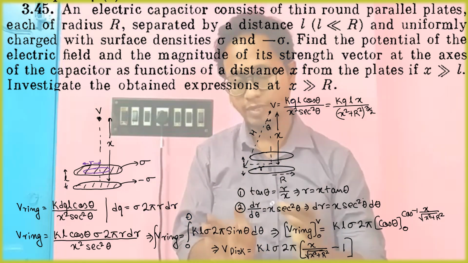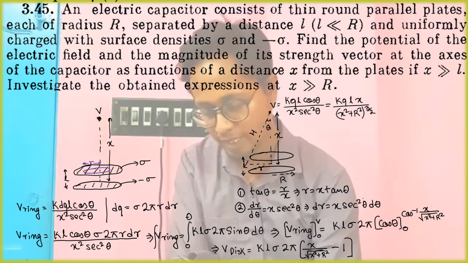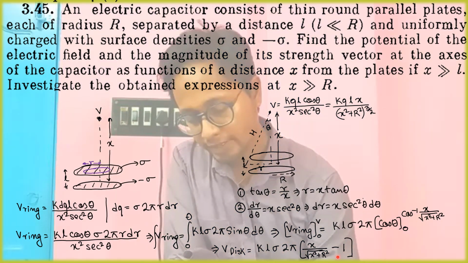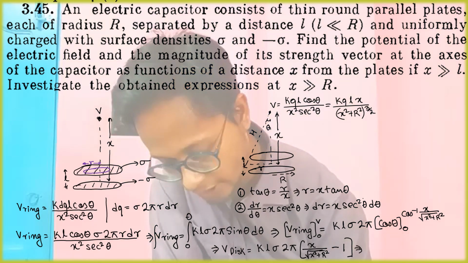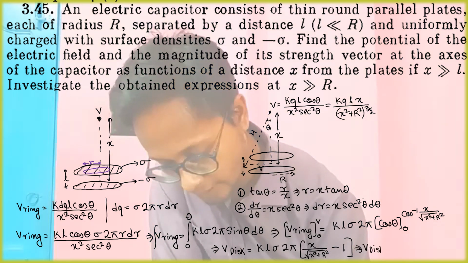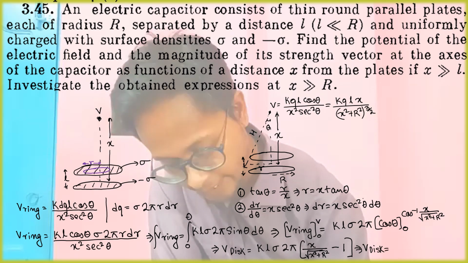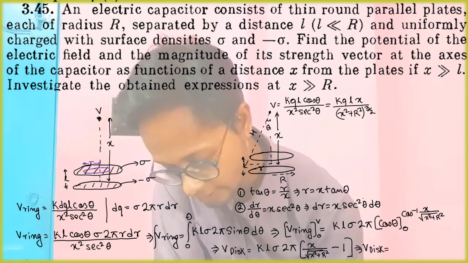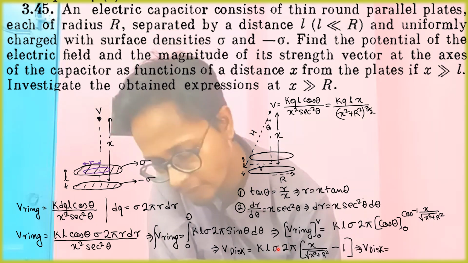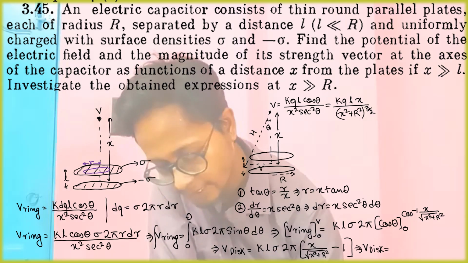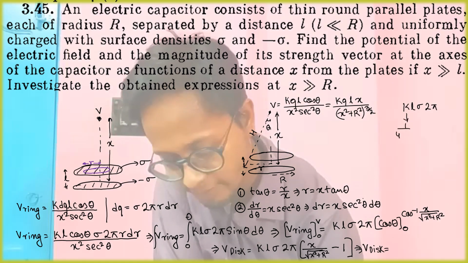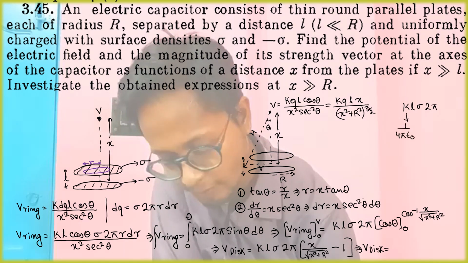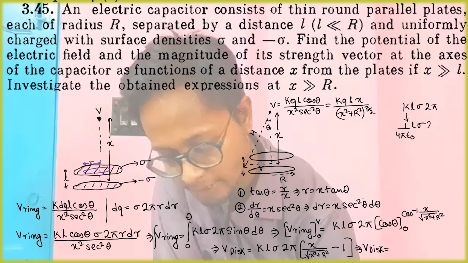So let's simplify this equation out here. The potential due to disk can be written as KL sigma 2 pi. Now what is the value of KL sigma 2 pi? K is nothing but 1 by 4 pi epsilon naught, no? So 1 by 4 pi epsilon naught into L into sigma into 2 pi.